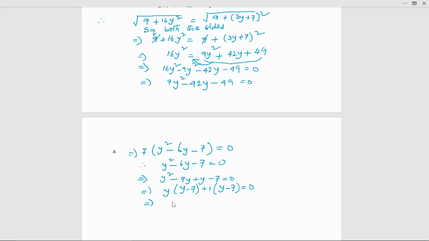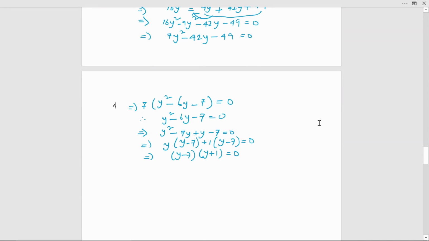So that gives me two factors, y minus 7 and y plus 1 equal to 0. So we have y equal to 7 or y equal to minus 1. This y plus 1 gives minus 1. This y minus 7 will give me y equal to 7.